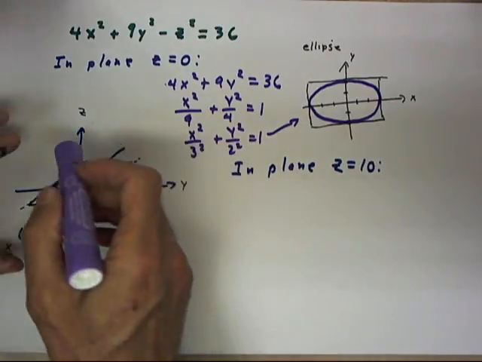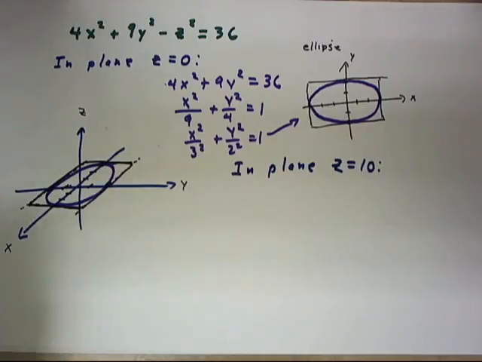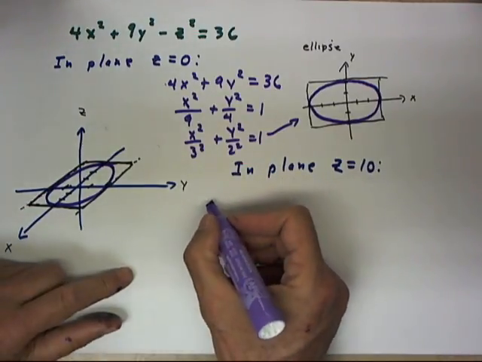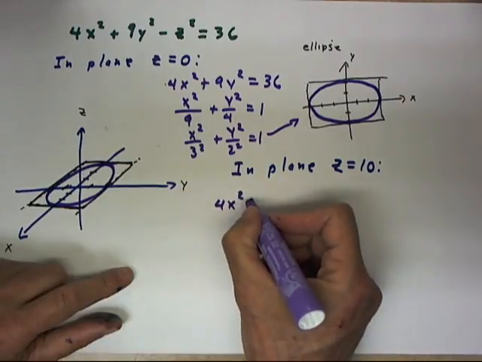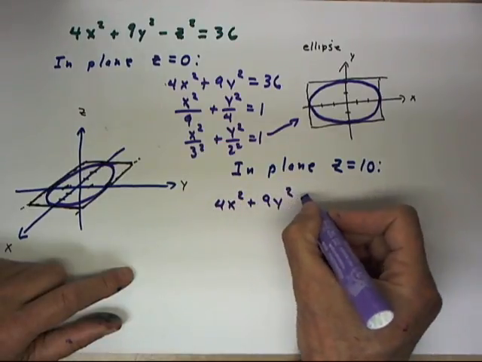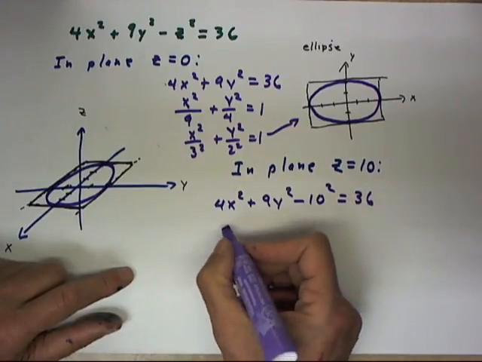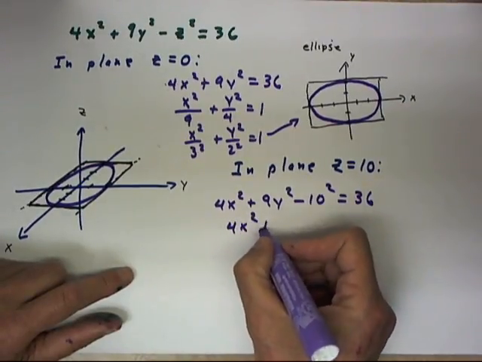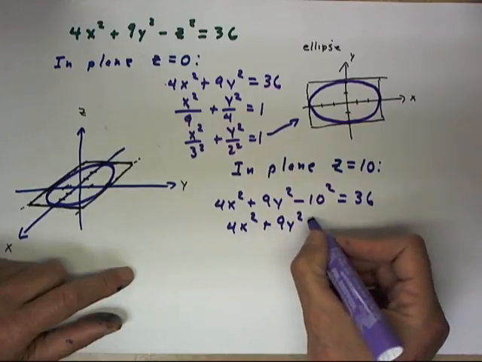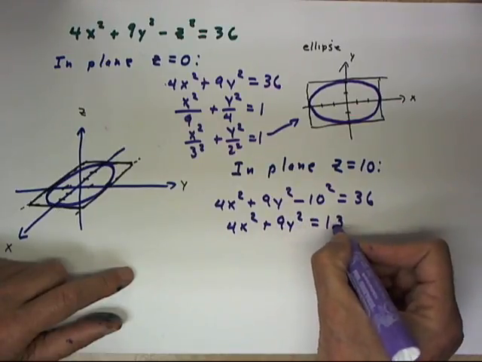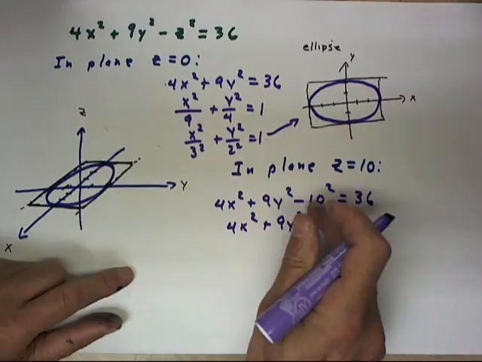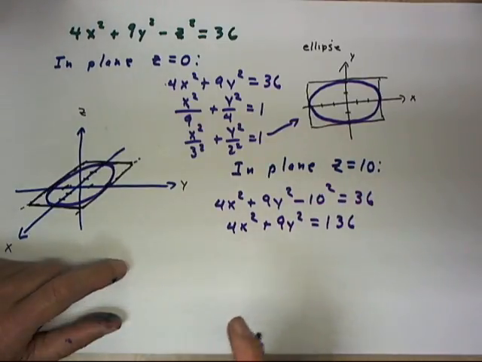We now look at what happens in the plane z equals 10. In that plane, our equation becomes 4x squared plus 9y squared minus 10 squared equals 36, so that 4x squared plus 9y squared equals approximately 136. 10 squared is 100, add 100 to both sides.